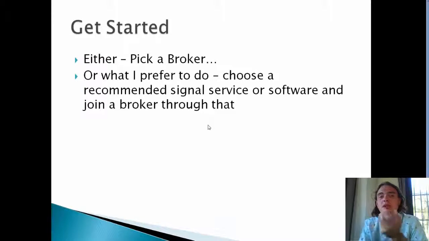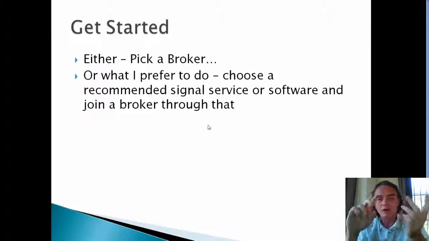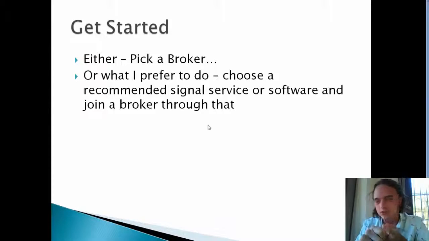So you're effectively paying for that signal service just by joining up to that broker. So you're ending up with a broker and a signal service or software in the very beginning. You're kind of killing two birds with one stone, because most people, once they've got a broker, then start looking for a signal service. So if you do that in the beginning, you don't end up with more broker accounts than you initially want, and you're paying for a signal service.